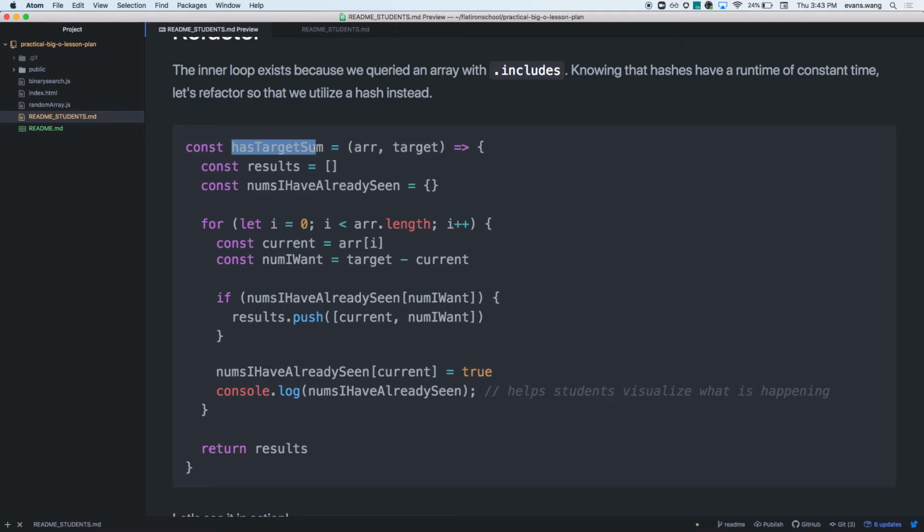If the number came up already, it's going to check in that constant time hash whether or not it was there. If I did check it, it's going to go, oh, you looked at it already, go to the next one. So I'm doing one iteration, hitting that O of n speed.